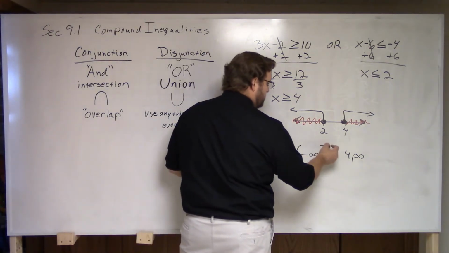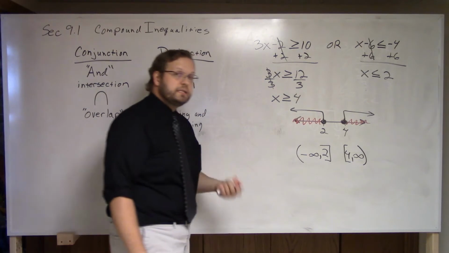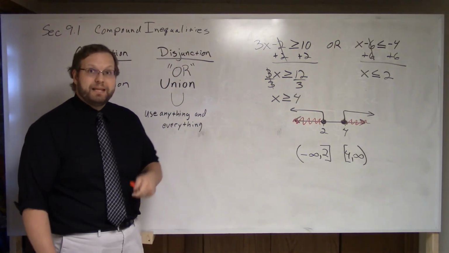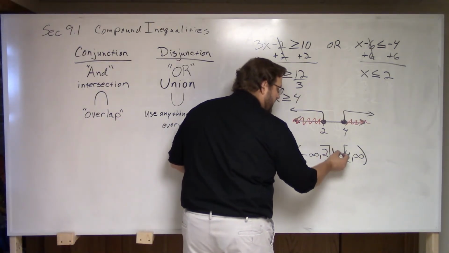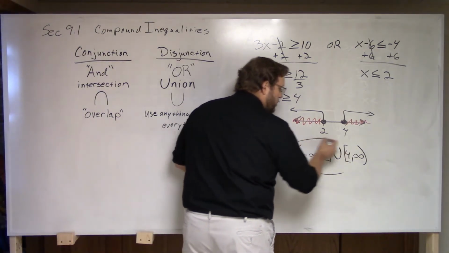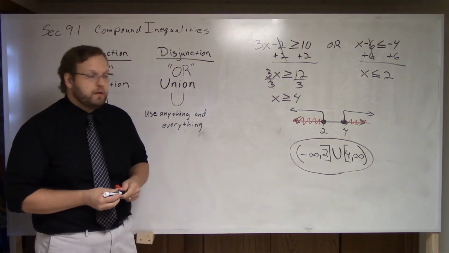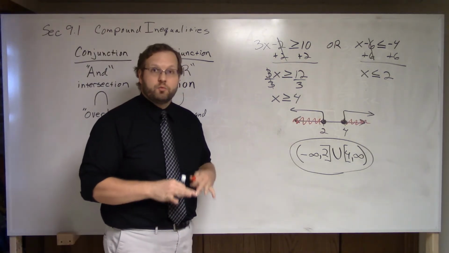Parenthesis, bracket, bracket, parenthesis. Always parentheses on infinity, brackets on the 2 and the 4 because of that closed dot. And then I'm going to combine these with that U symbol to show that that's one solid statement. So again, I didn't care that it was an or until the very end when I read the graph.